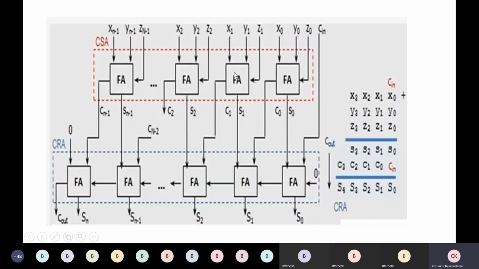And when we add these 2 bits, the carry propagates to this one and is added in this sum. But here you can see the carry C0 is sent to the next level of full adder, and here also the resultant carry is sent to the next full adder. It is saved.